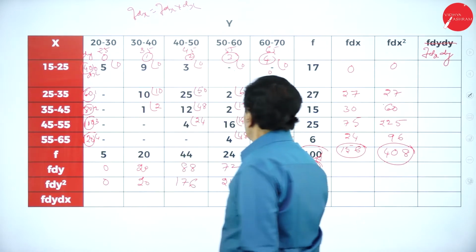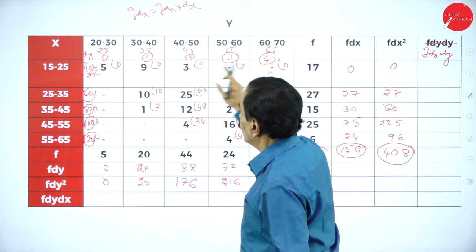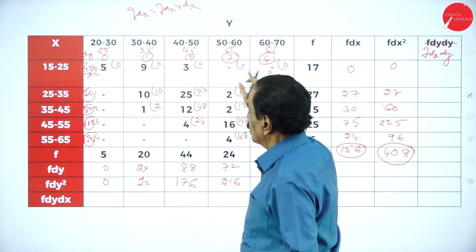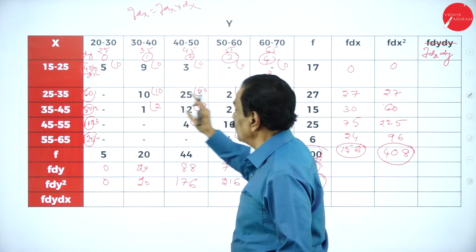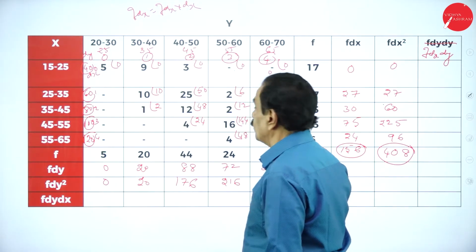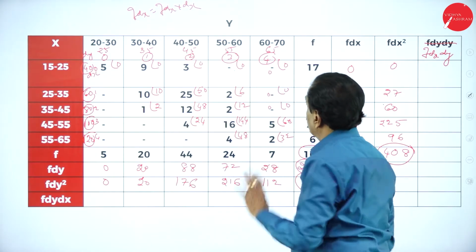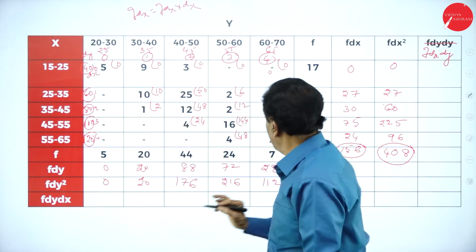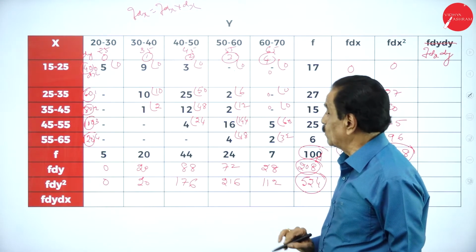If anything is not there, it is 0. Here no. 4 ones are 4. 4 threes are 12. 4 twos are 8. 4 threes are 12. 12 fives are 60. 4 fours are 16. 16 twos are 32. Okay.